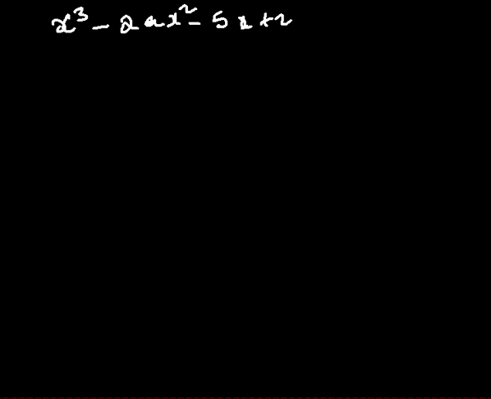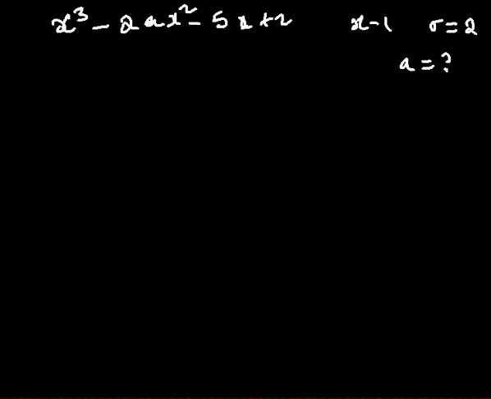Let's say when this expression has been divided by x minus 1, the remainder is given as 2. What do you think is the value of a if that is the case? There's nothing you should be worrying about. Just use the same principle and have the knowledge on how we can have it.